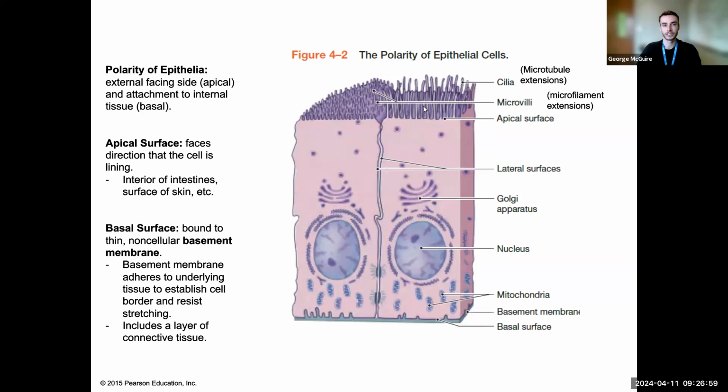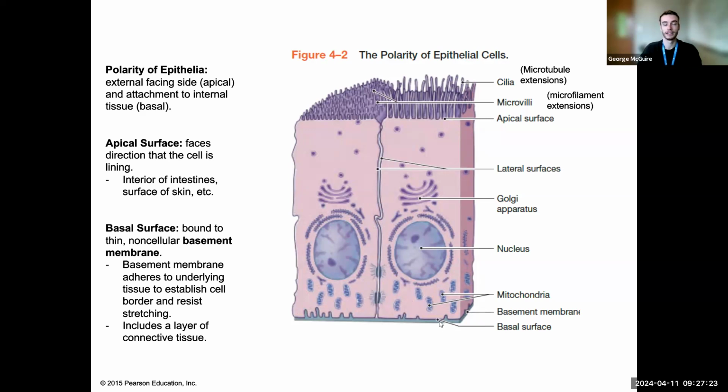Microvilli are extensions that are there to increase the surface area of that cell. So we'll find a lot of microvilli within our intestinal cells so that they have an increased chance of absorbing the nutrients that we are digesting throughout our digestive system. And then at the opposite end, we have our basal surface, which is going to have a bunch of these tight connections to the basement membrane.